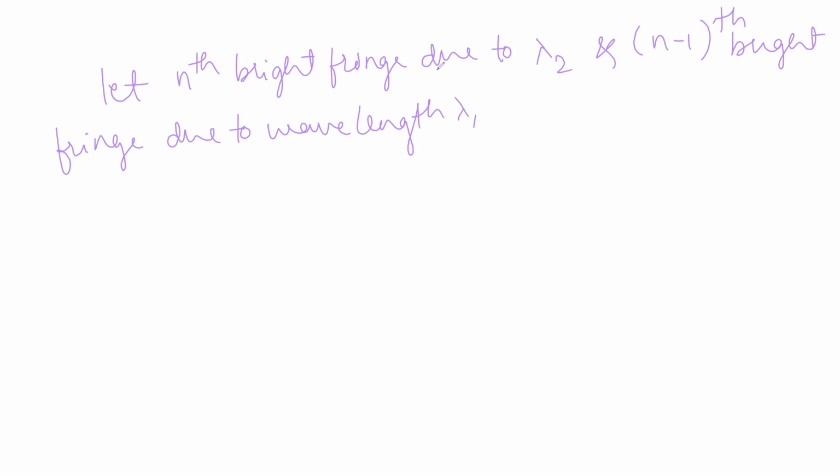Coinciding on the screen means we can equate the condition for bright fringes as n lambda 2 is equal to n minus 1 into lambda 1.